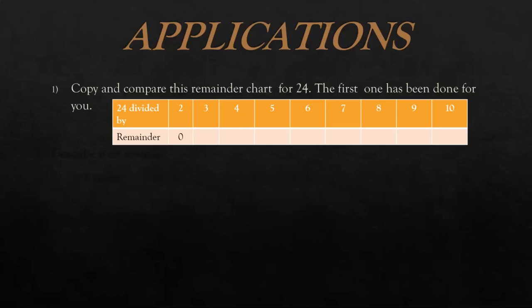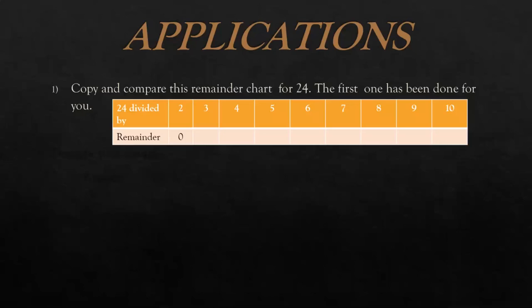Okay, so when you divide 24 by 2, 12 times you are getting 24 in 2's table. So 12 times 2 is 24, so the remainder is 0. Now coming to 24 divided by 3. You need to concentrate on the multiplication table of 3. In 3's table, is there a number 24?